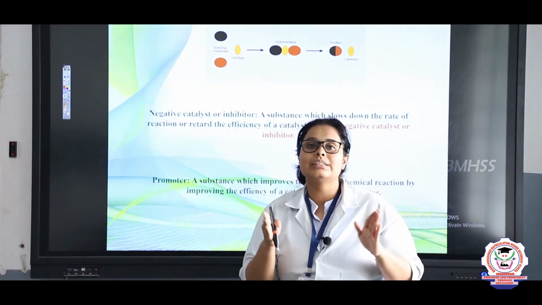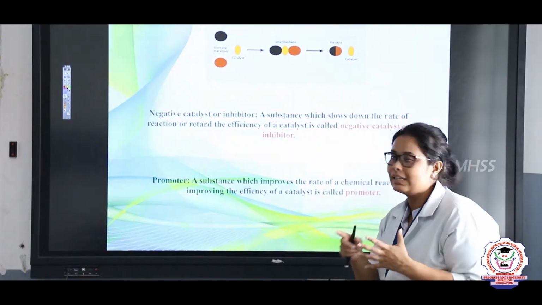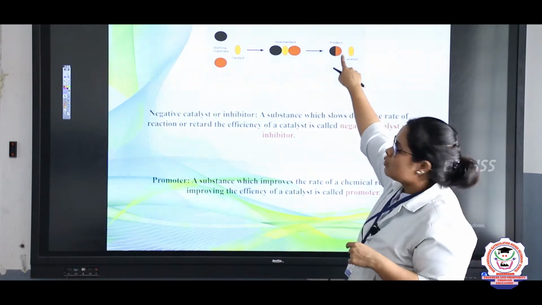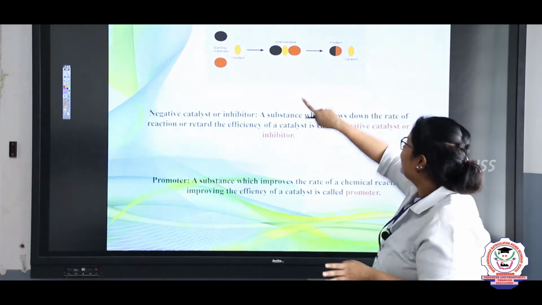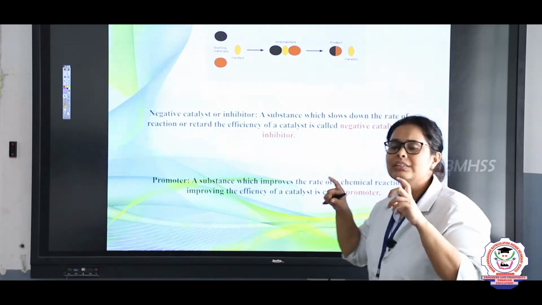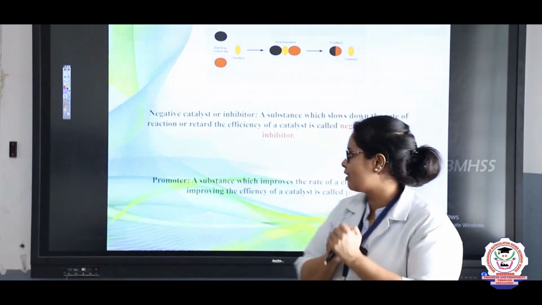This is known as an intermediate. After the intermediate, you will get the product directly. The product is half black, half red, and the catalyst comes out. This is the main intermediate thing we see in the catalysis reaction.